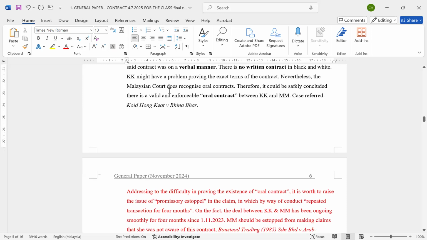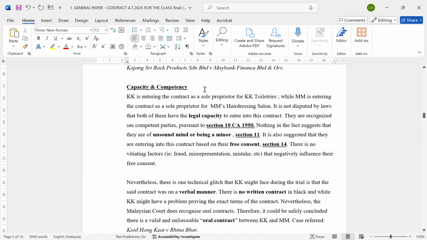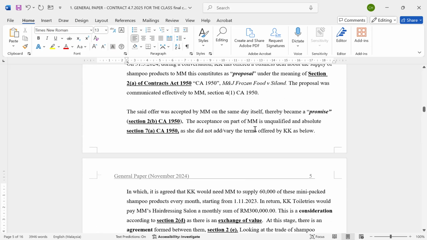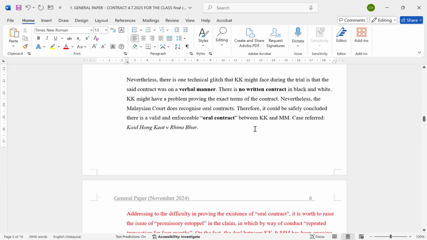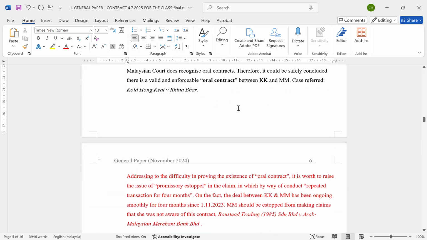Fortunately, Malaysian court does recognize oral contract. So if the oral contract, all the so-called elements above are fulfilled, then you can safely conclude that there is a valid enforceable oral contract between the parties.